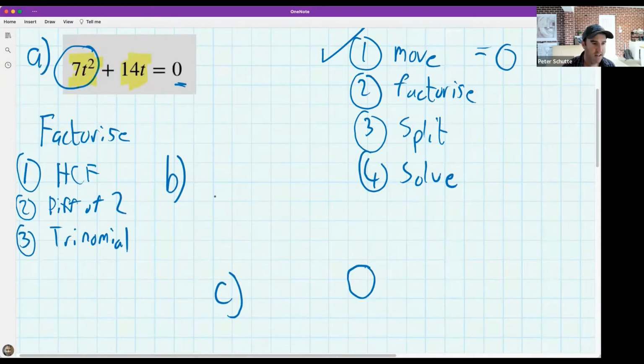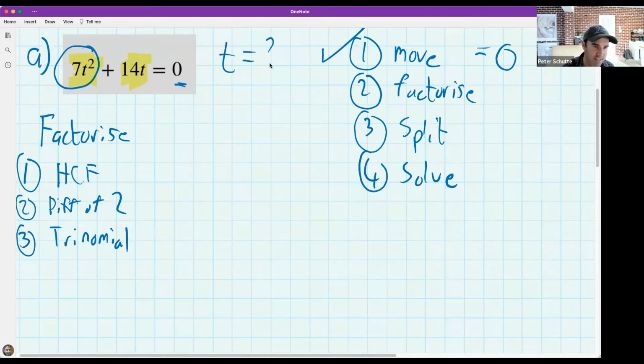Okay. So now, in this particular process, in question A, the goal is to solve for the variable t. And it's a quadratic equation because it has a power of 2. So my goal is to find what is t at the very end. However, in order to do that, according to this checklist, I have to factorize this thing.